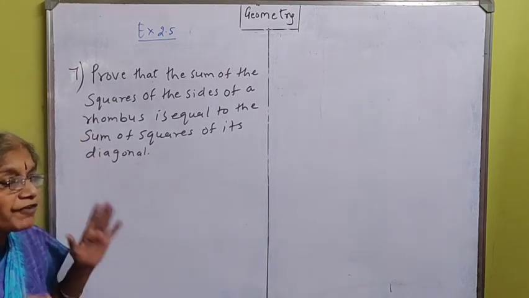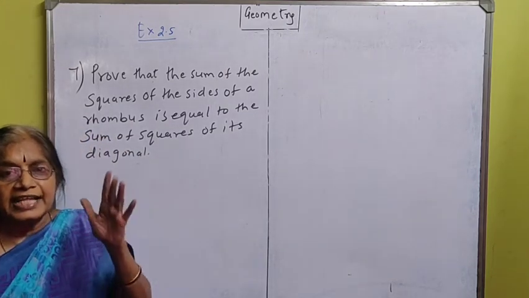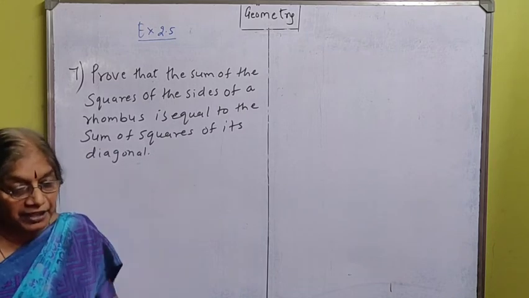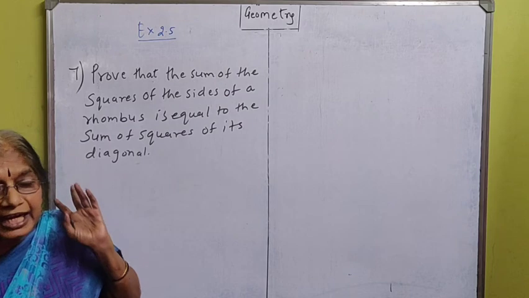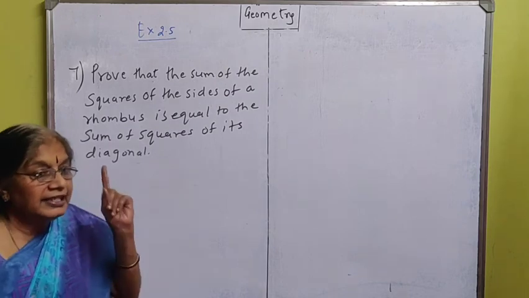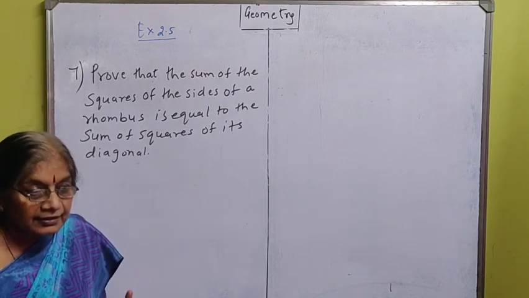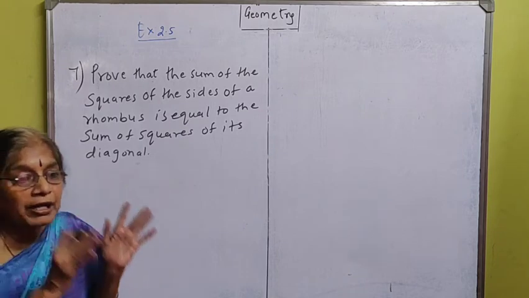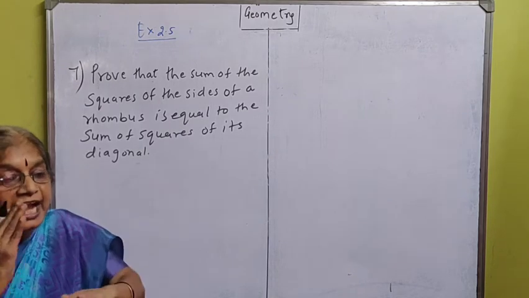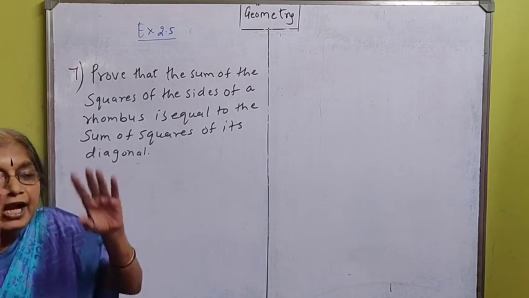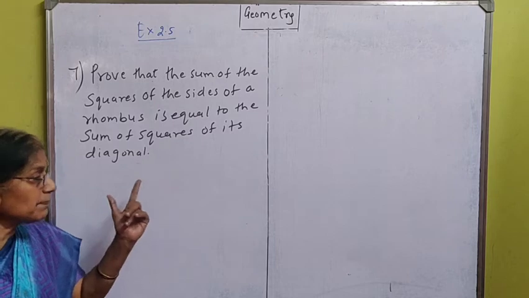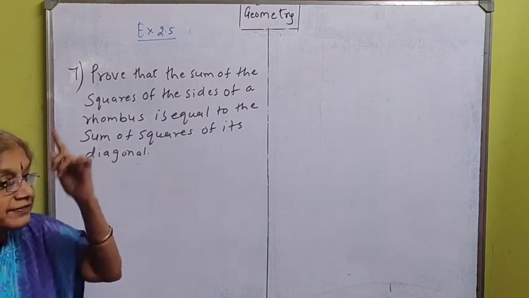Very important property of rhombus is that all the sides are equal. This is the first property. Second property regarding the diagonals: the diagonals bisect each other perpendicularly. Means the diagonals are perpendicular also and they bisect each other. The first property and second property of rhombus are very important.